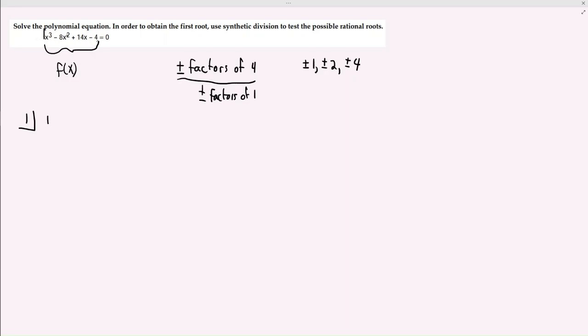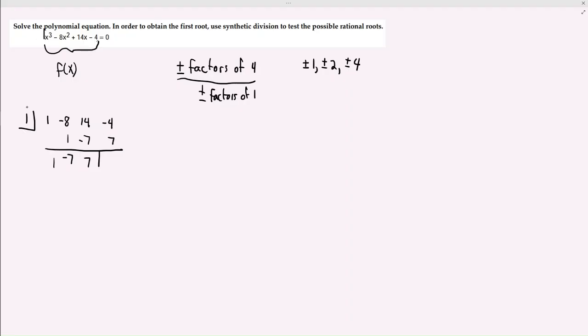Okay, and make sure we've got padding if necessary. So if I didn't have the 8x squared here, I would need to put a 0 in x squared's place, but I do, so negative 8. Next one's 14, and then negative 4 over here. So obviously we want a positive 4 here, so we get 0. So bringing this down, negative 7, it's not 7, and then this would be 7.